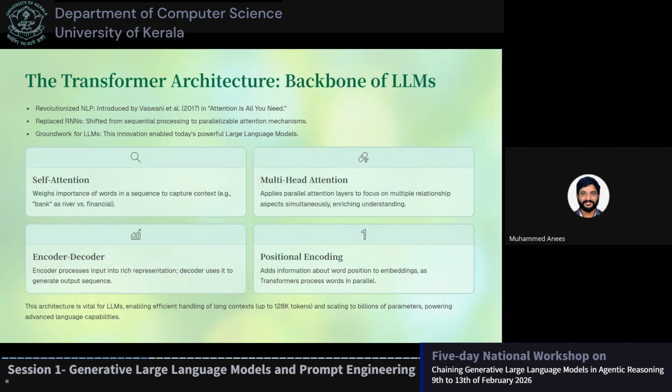Actually, we humans do not take meaning from each and every word. If we have a sentence, we will read the sentence entirely, then we will understand the meaning. We are not taking meaning word by word. But before the transformer, the meaning was identified word by word.